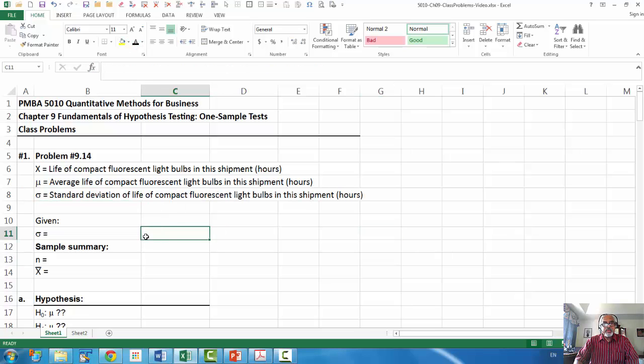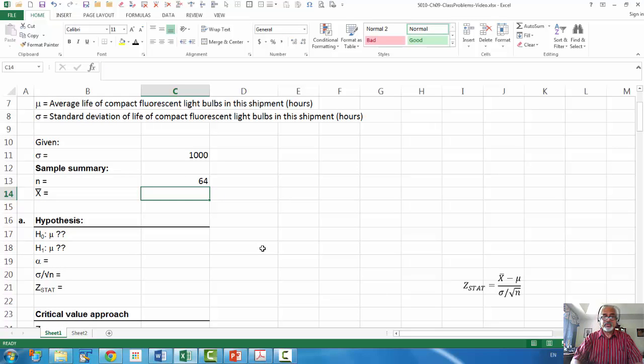Now we are given that sigma is 1,000. Now the sample summary is again given. We have a sample of 64 and x bar for the sample is 7,250. Now we want the hypothesis whether the mean is 7,500 or not.